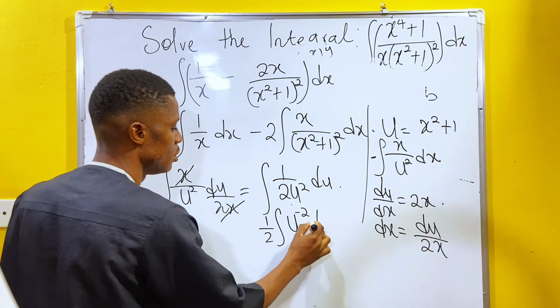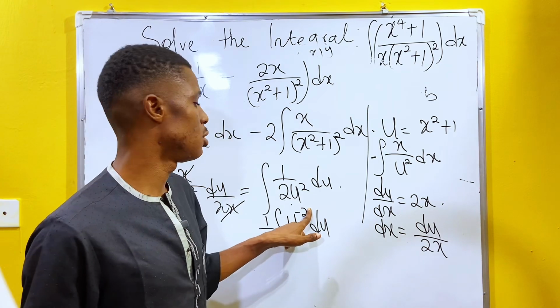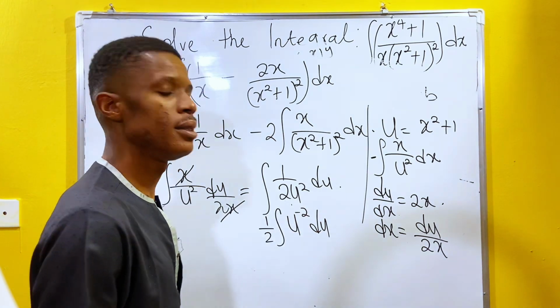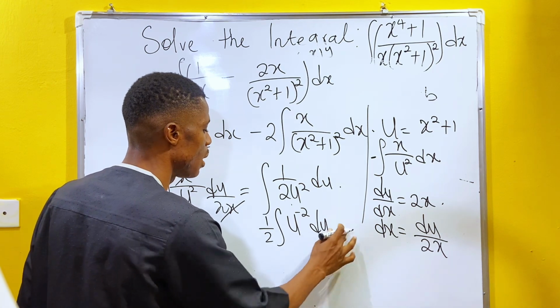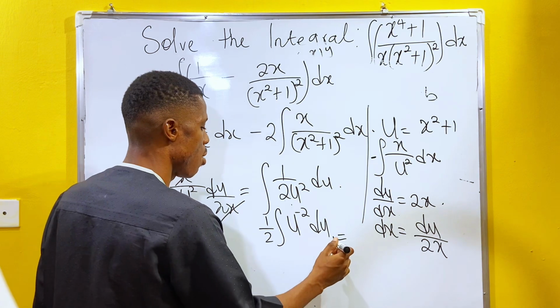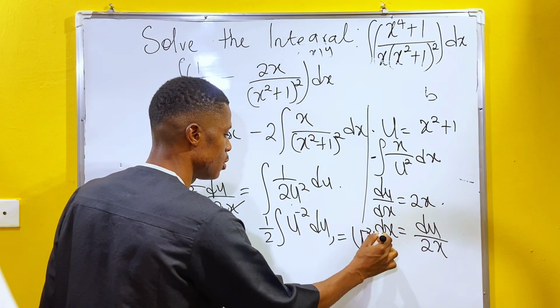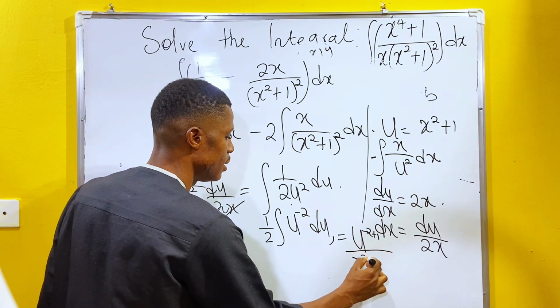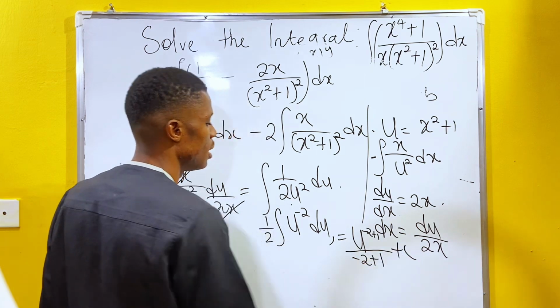So integrating a function, we just have to add 1 to the power and divide by the new power. So here you can see this particular term is equal to u to the power of minus 2 plus 1 divided by minus 2 plus 1, then plus c. That's it.